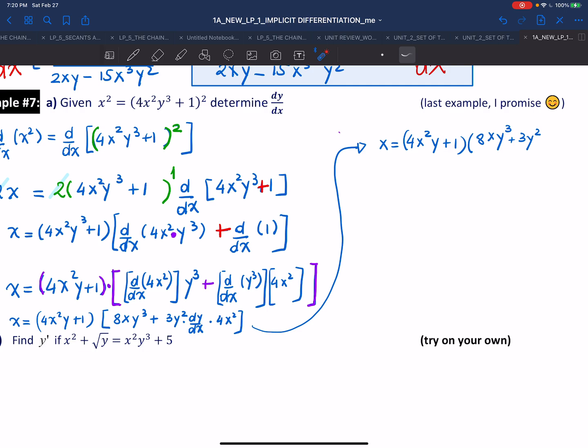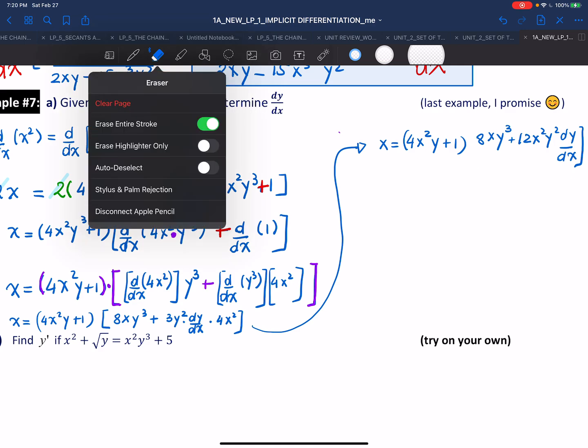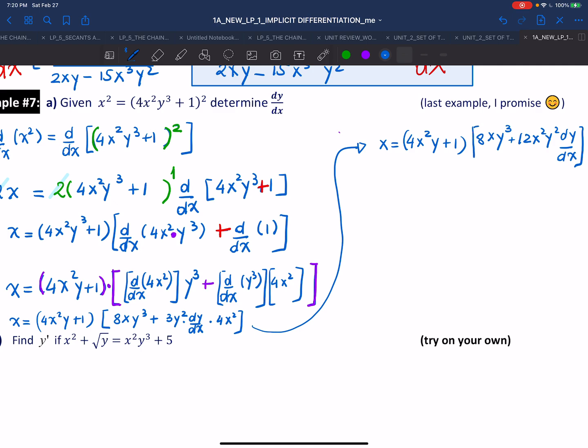Actually, these 3y squared and 4x squared will combine. Let's combine them, it's better this way, to make 12x squared y squared, and then dy dx. One second, I just want to make this a square bracket to indicate they are together here.